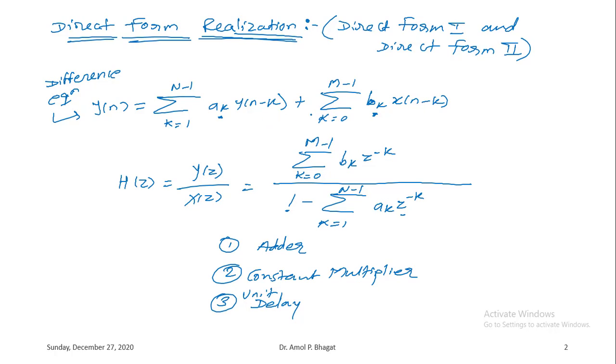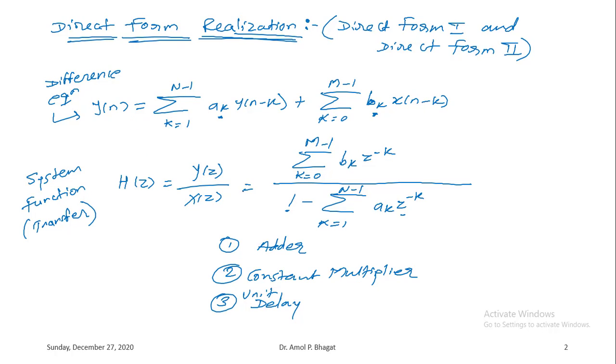You can use the difference equation for the realization of an IIR system, or you can use the system function, which is also called the transfer function. From the difference equation, that is the given input output equation, you can obtain the system function or the transfer function. So by using the transfer function or the difference equation, you can realize any given system.